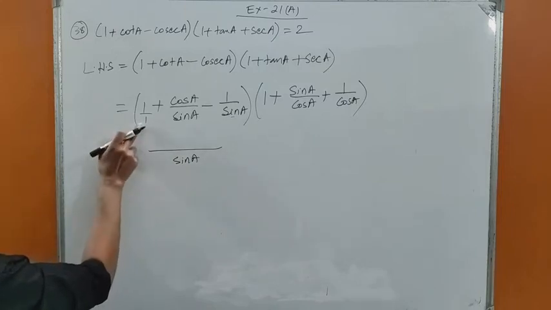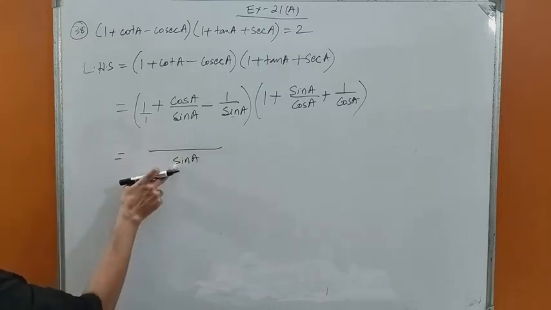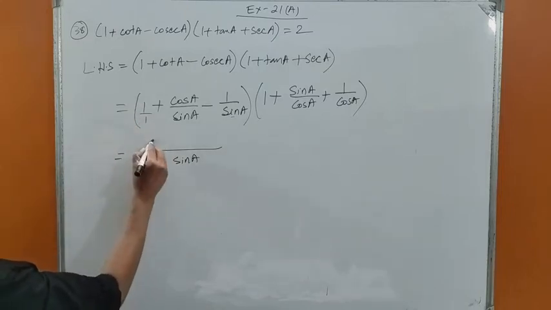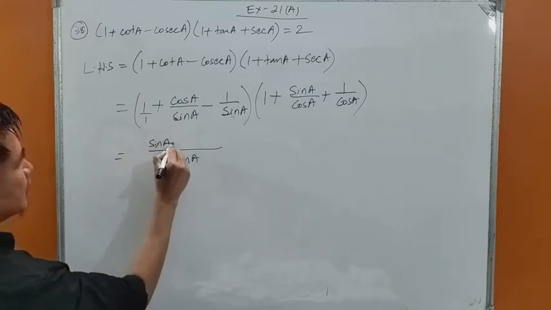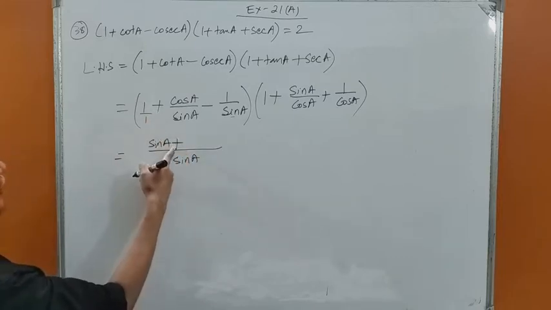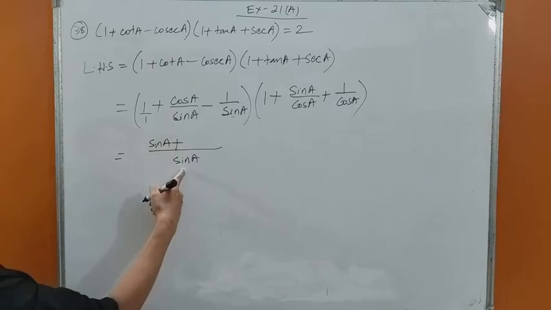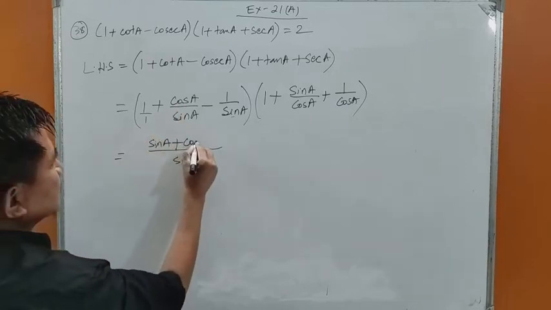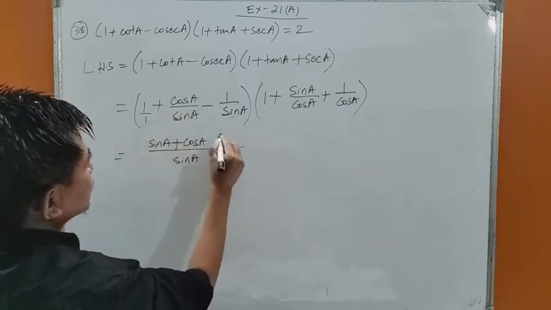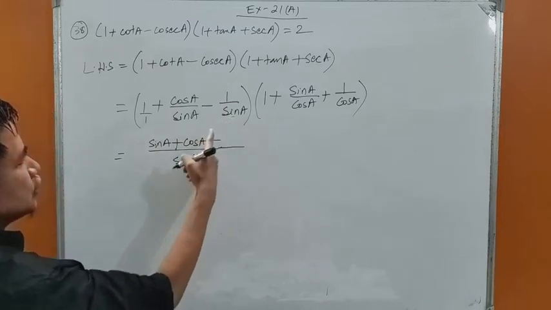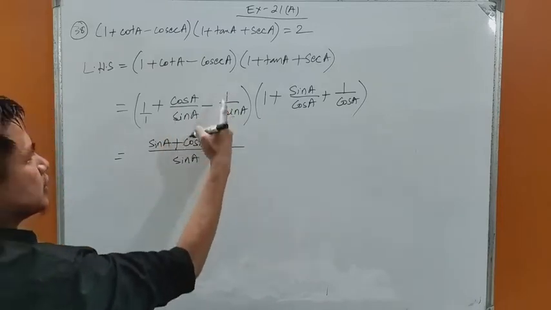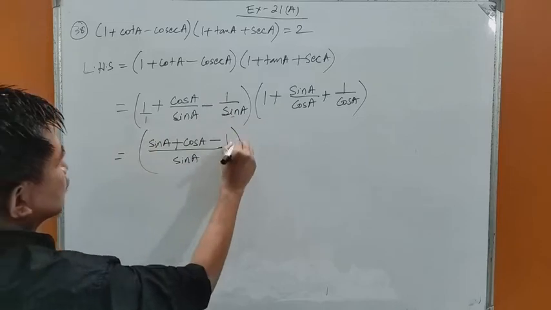So sin A into 1 is sin A, plus cos A, isn't it? Sin A into 1 is sin A, 1 into cos A is cos A, minus sin A into 1 is sin A, 1 into 1 is 1, bracket close.